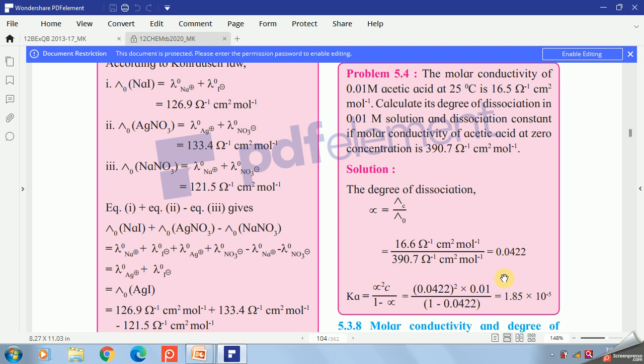If you round up, your final answer is not correct up to 2 digits, and if it is not correct, then you can't get the marks for that. So write down 0.0422 raised to 2 into concentration 0.01 divided by 1 minus 0.0422. So your answer is 1.85 into 10 raised to minus 4. Okay, it is a constant, so no unit.